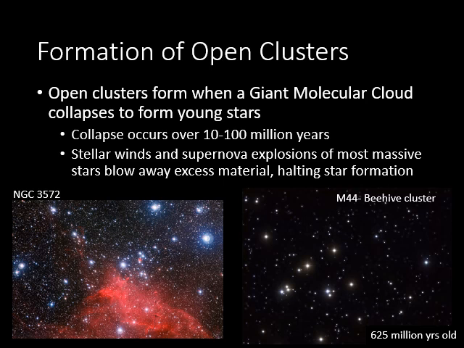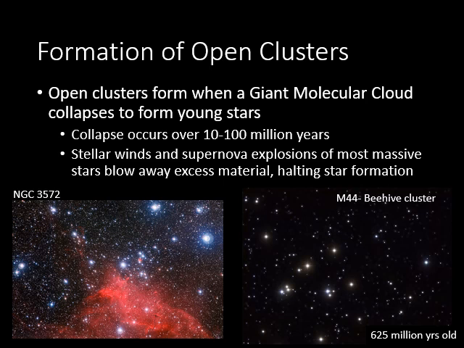You have winds that come naturally from the young stars that have formed, as well as possible end-of-life stellar explosions nearby. And anytime you have these turbulent winds, you're going to blow away material and you're going to halt star formation. So within 10 to 100 million years, you have a gas cloud collapse. It's going to form a whole bunch of young stars.